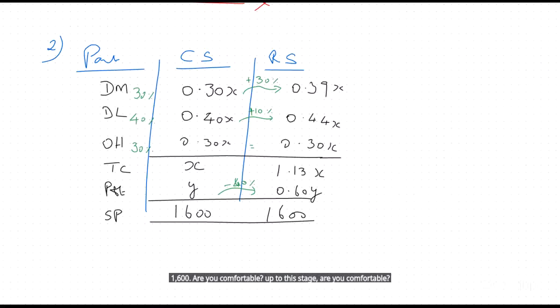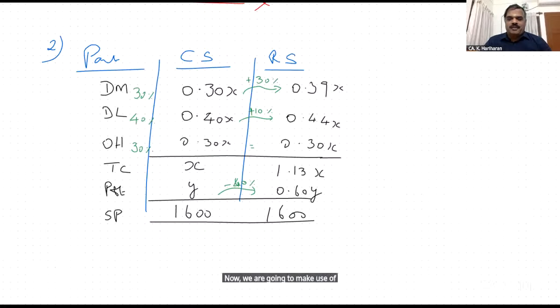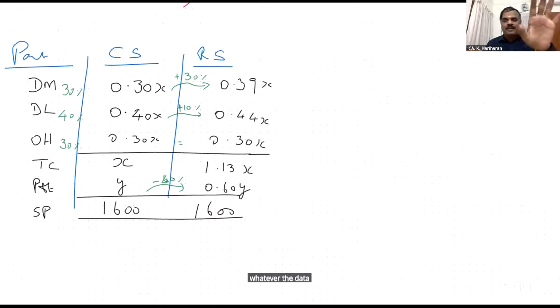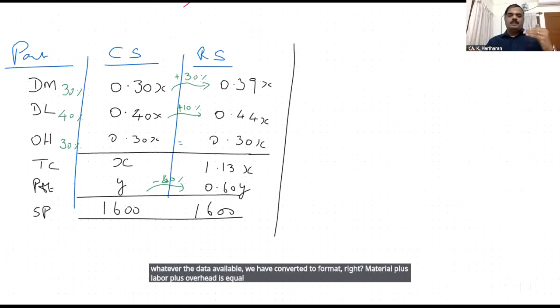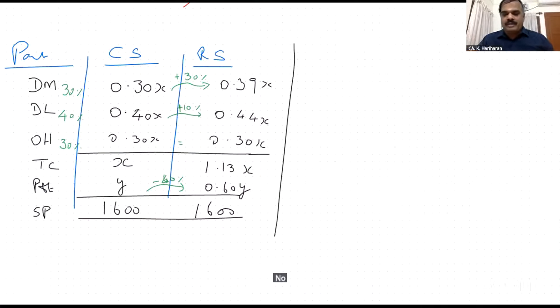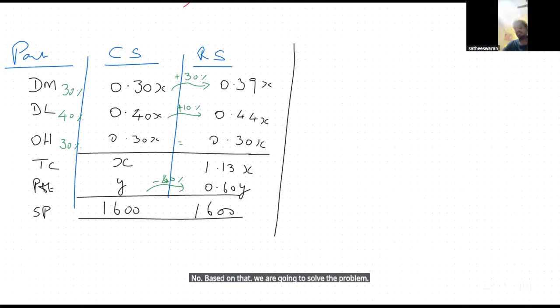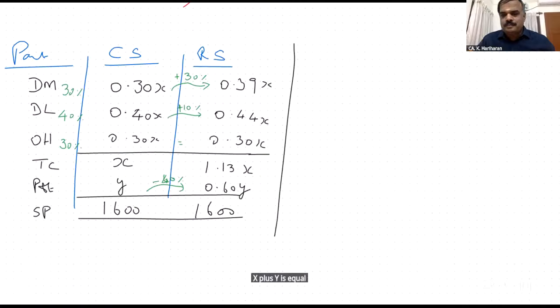Yes, sir. Now we are going to make use of this table. This is the available data in this question, and whatever data is available, we have converted to this format. Material plus labor plus overhead is equal to total cost, plus profit is equal to selling price. Now, based on that, we are going to solve the problem. X plus Y is equal to the selling price, 1,600.